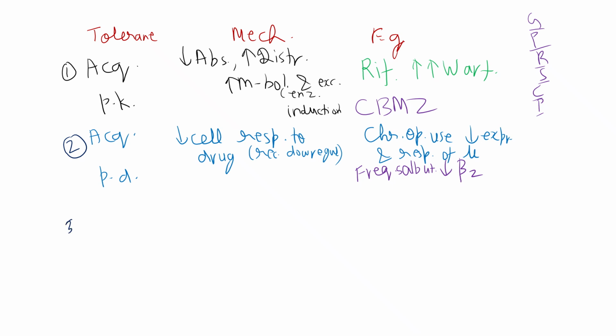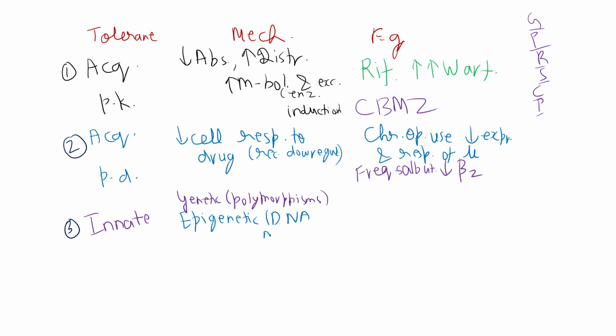Then talking about the third, which is innate tolerance. This can be either genetic due to polymorphisms, then it can be epigenetic due to DNA methylation differences.